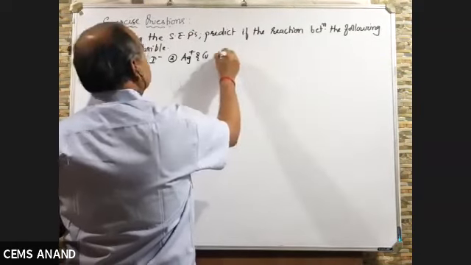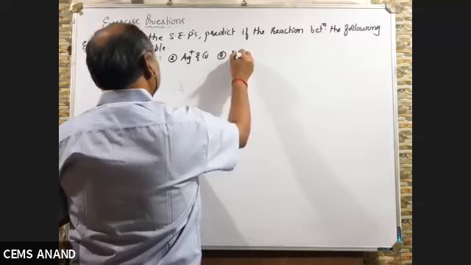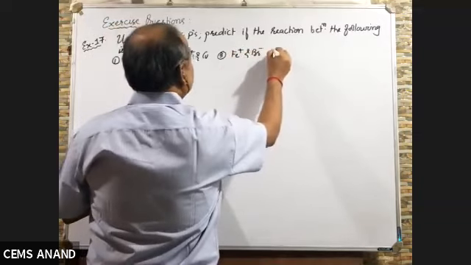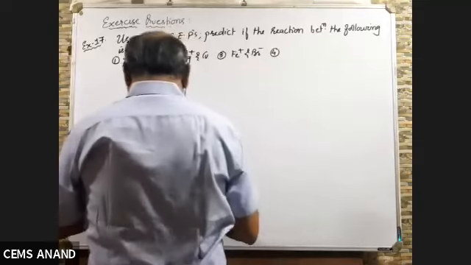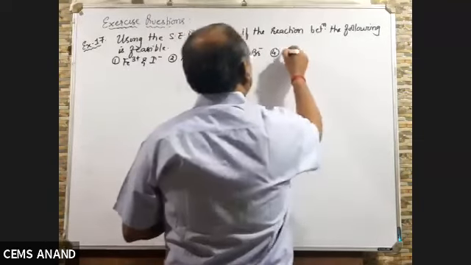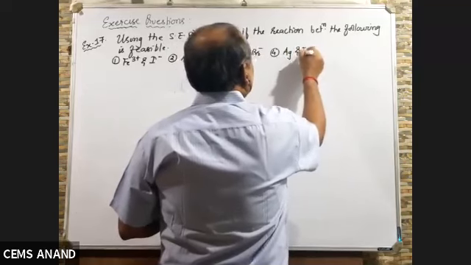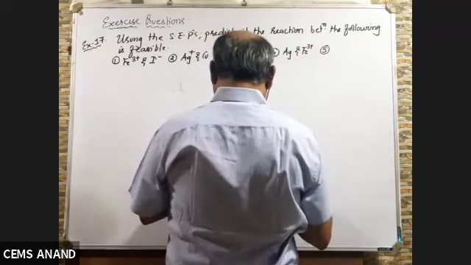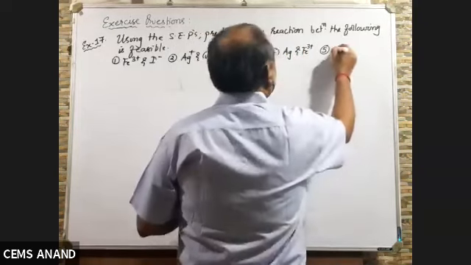Third pair given is Fe3+ and Br-. The fourth pair given is silver and Fe3+. And the fifth pair is Br2 and Fe2+.